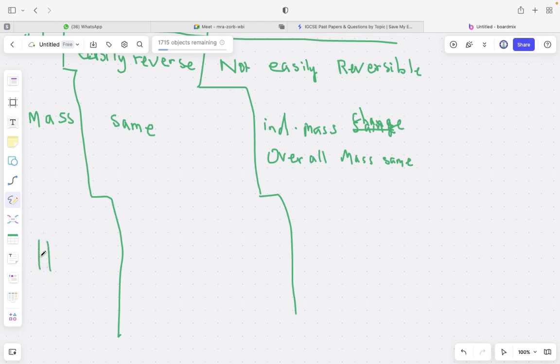How much heat is involved in both cases, physical change and chemical change?